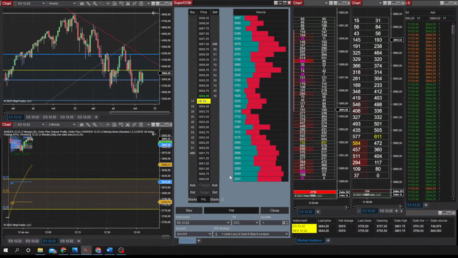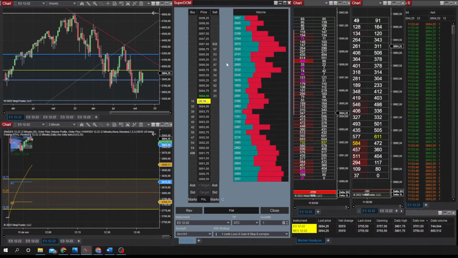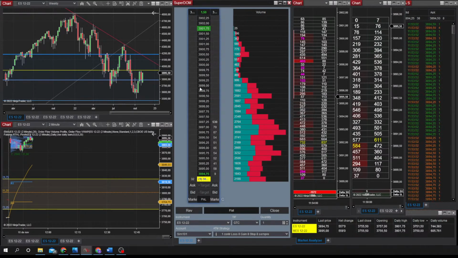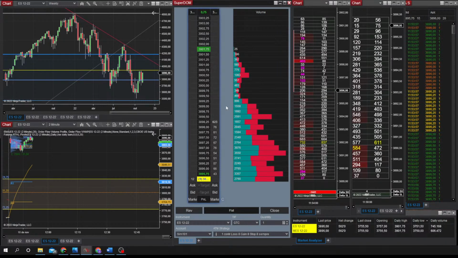A good scenario would be to wait to move up again and see whether it's going to be able to overcome this region again, the 3900.